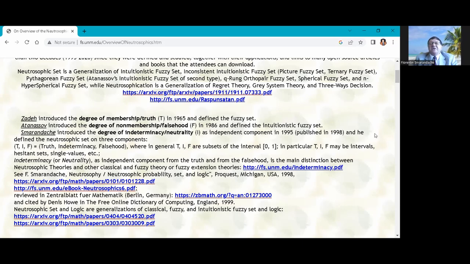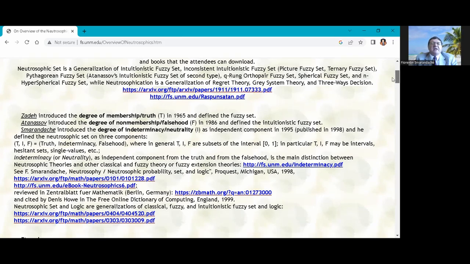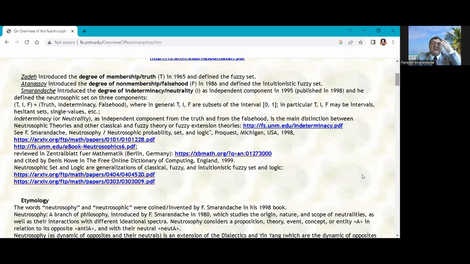The first publications were in 1998, and then I defined the Neutrosophic set on three components: T, I, F, truth, indeterminacy, and falsehood, where in a general definition, T, I, and F can be any subsets of the interval [0, 1].